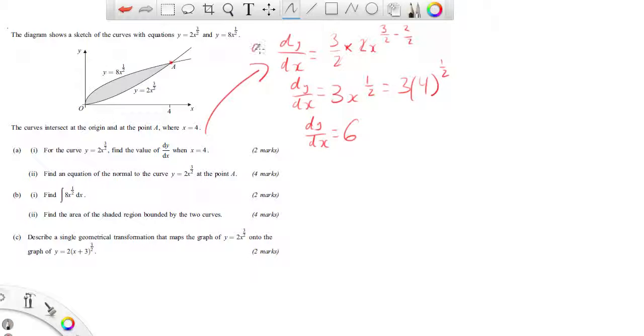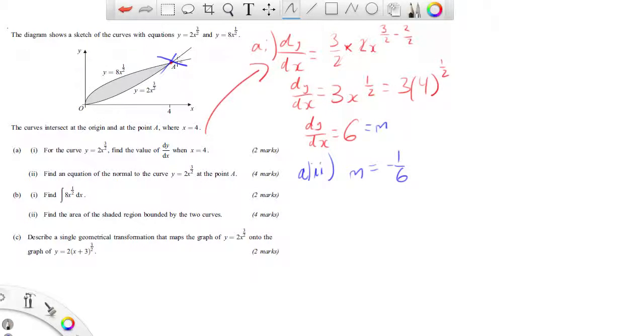Well, this rate of change in the first one is the gradient. So the gradient there is 6. And so if we want to find the normal, it's going to be negative 1/6.